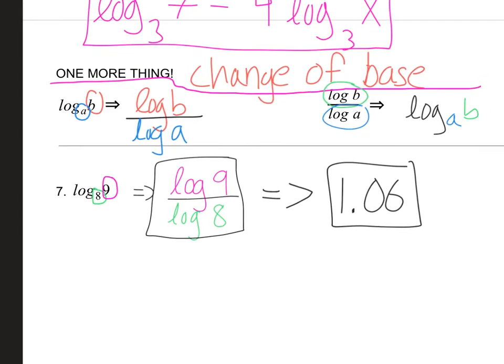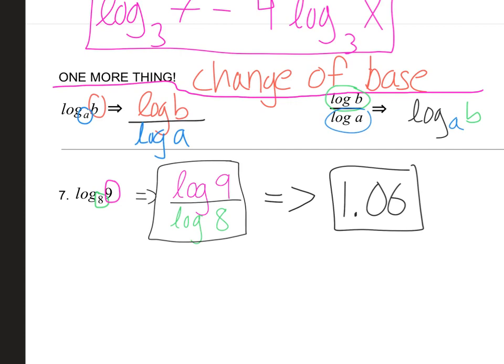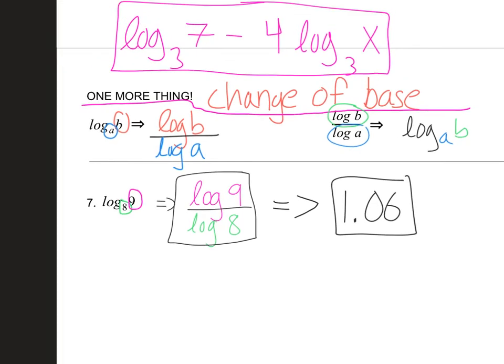So again, it is very handy for when you're solving things, but back in the day, you could not just put log base 8 of 9 in a calculator. If you want to know that value, you'd have to use this change of base formula in order to get it. Okay, so that concludes.